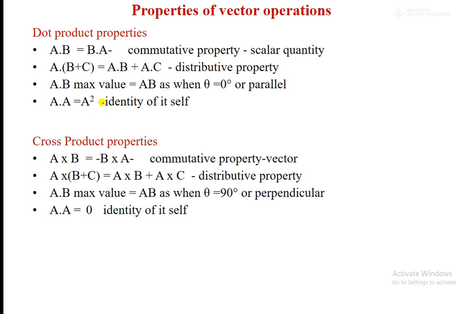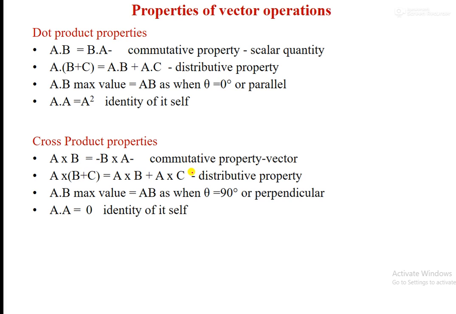There is also the identity property: a dot a is equal to a square. Then coming to the cross product, a cross b is equal to minus b cross a. That means a cross b is not equal to b cross a; it is negative, and the result is a vector. Similarly, it follows the distributive law, as you have seen: a cross (b plus c) is equal to a cross b plus a cross c.